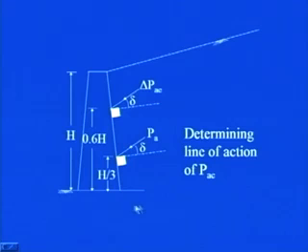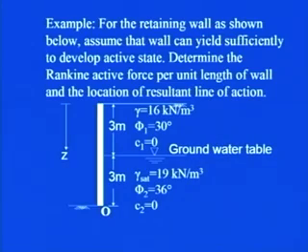PA into h/3, plus delta PAE into 0.6 times h, divided by PAE, that is the resultant force due to earthquake condition. So, you will get the line of action of the force which is acting due to your earthquake condition.